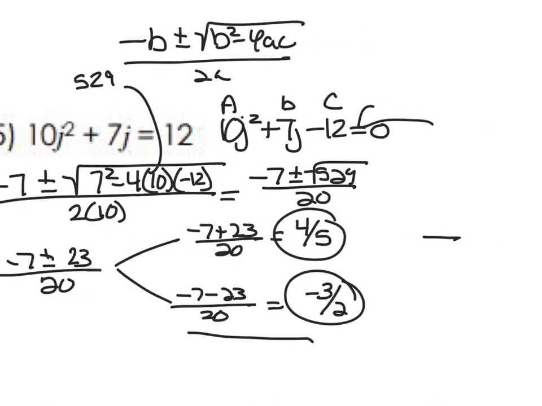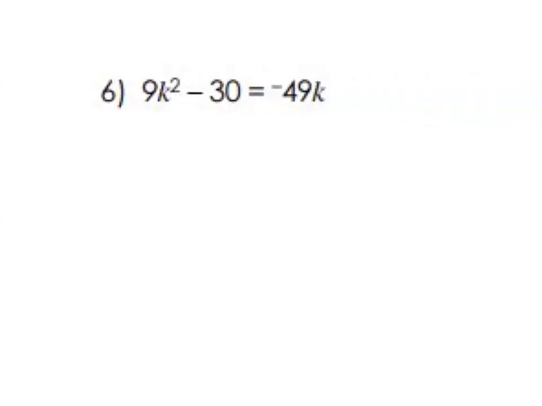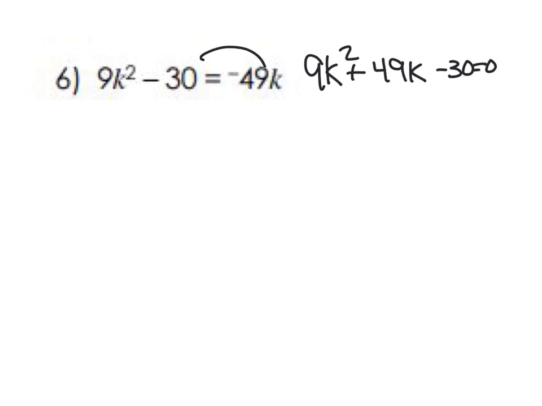And number 6, set it to 0: 9k squared, and we're going to bring this over so it can be plus 49k minus 30 equals 0. All right, so I don't have a common factor.